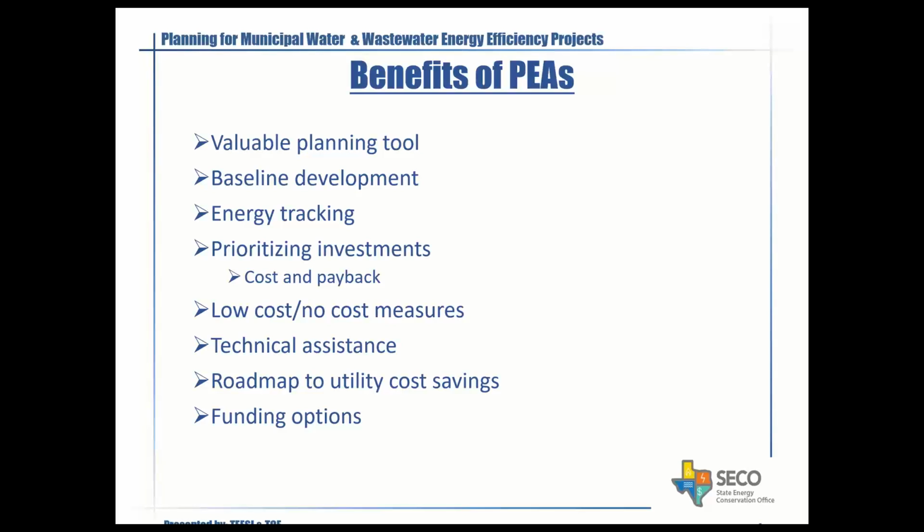Now, in the SECO Lone Star program, those soft costs for future design and construction can be included in that Lone Star funding or loan program, which provides interest at 1% and 2% to do these energy efficiency projects. So, in a nutshell, you will see that you have a lot of benefits of doing this PEA.